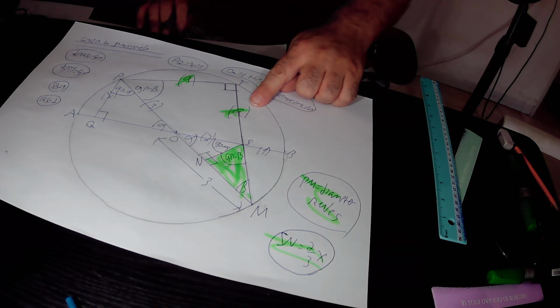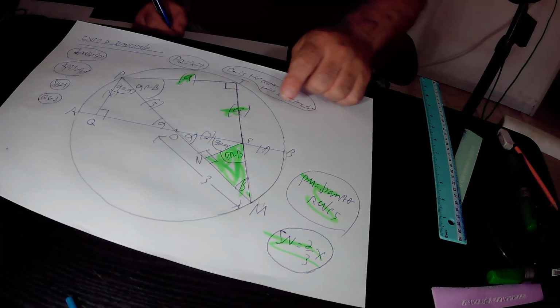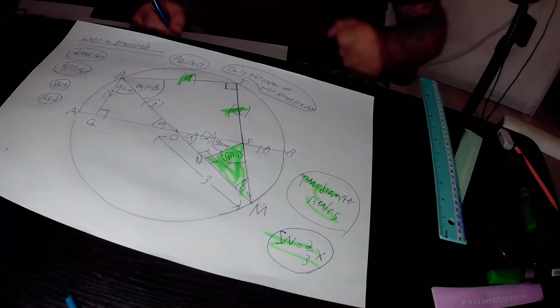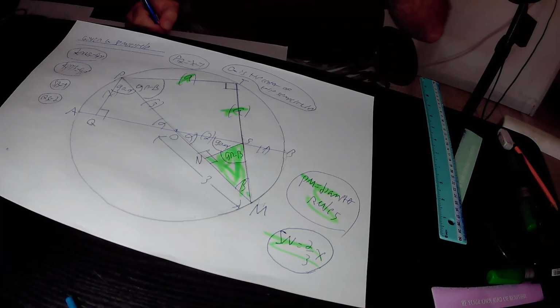TS is A according to our definition, times SM. SM is the missing side, so we leave it as it is. And it equals AS.